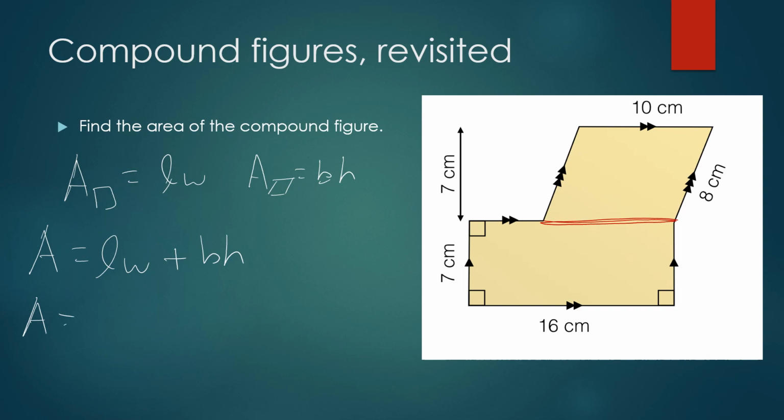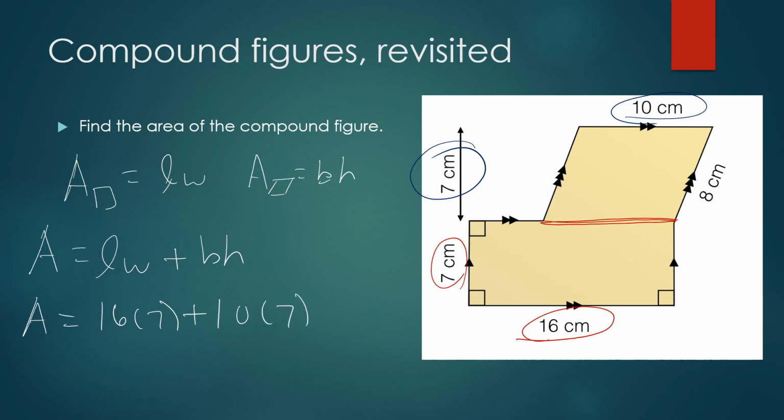So for the rectangle, we have 16 by 7. And then for the parallelogram, we're going to have 7 as my height, and 10 as my base. 10 times 7.